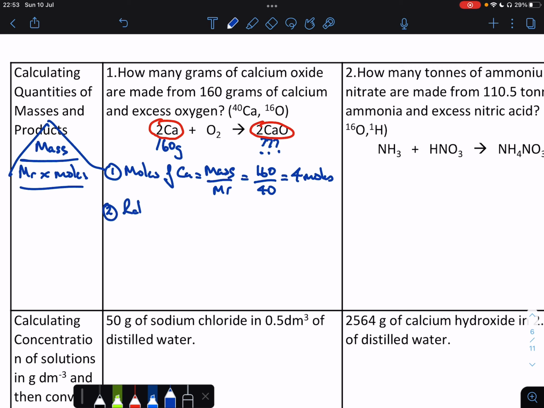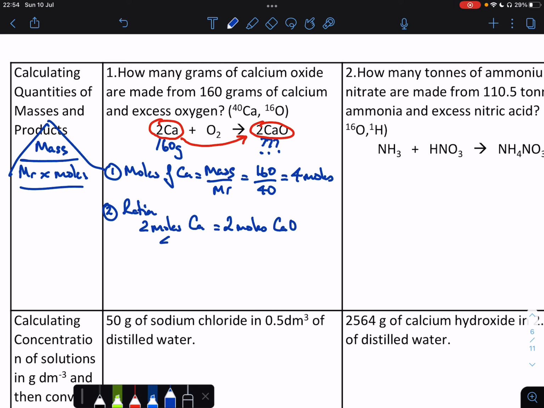Step 2. What we have to do is link this information to this information, and we do that using a balanced equation. Here we can see there's 2 moles of calcium in the balanced equation, and it makes 2 moles of calcium oxide. So let's write that down: 2 moles of calcium is making 2 moles of calcium oxide.